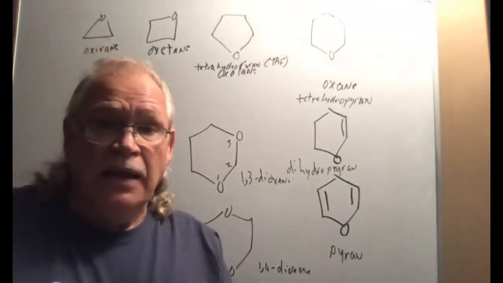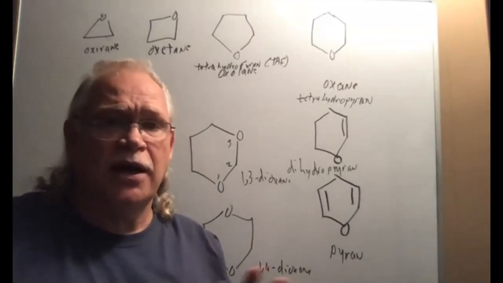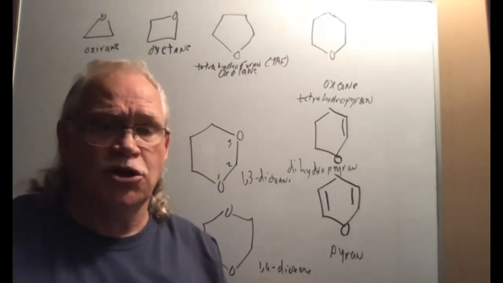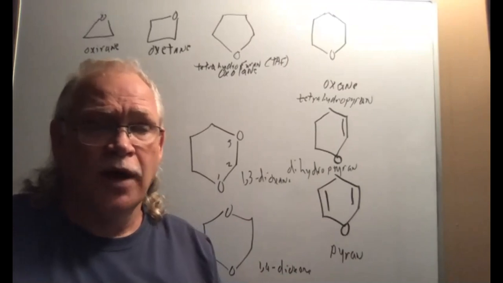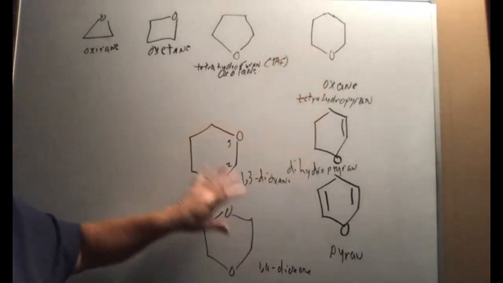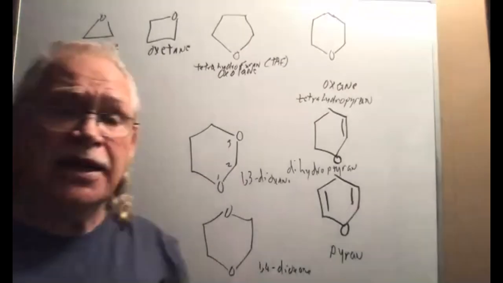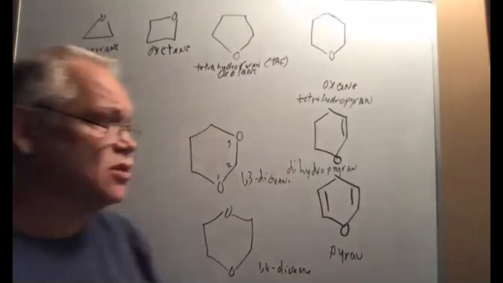Now, if you have your cell phones handy, go ahead and get your cell phone out and get ready to do a search in just a second. Okay? This compound is called oxane. These compounds are called dioxane. Dioxane is oftentimes used as a solvent.